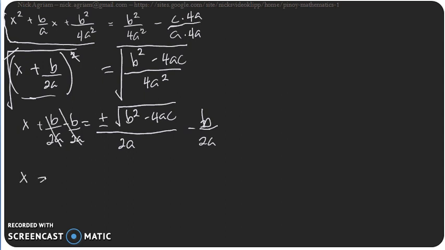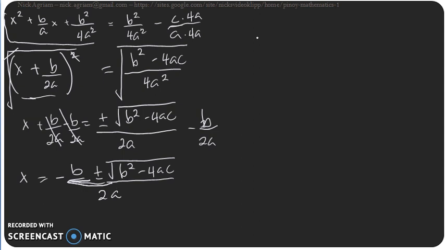Then we have x is equal to negative b divided by 2a plus or minus the square root of b squared minus 4ac divided by 2a also. So what we can do is erase that 2a there, and we make just one denominator, that is 2a.